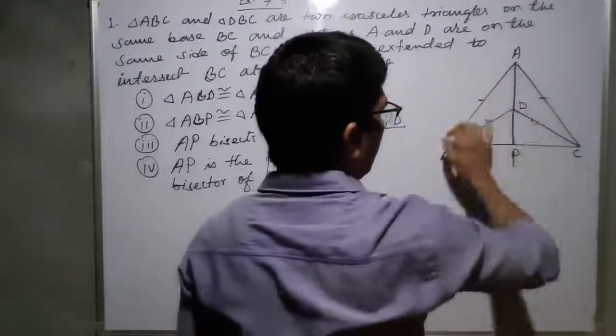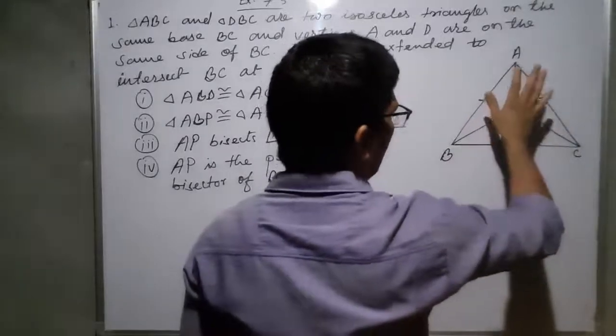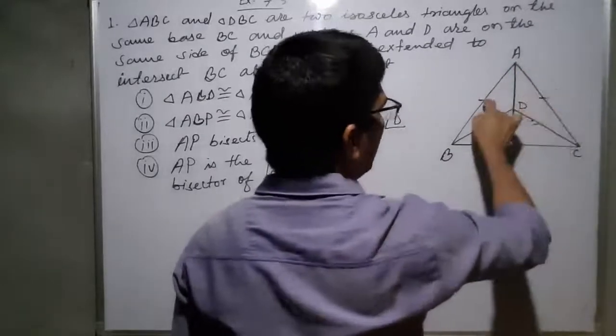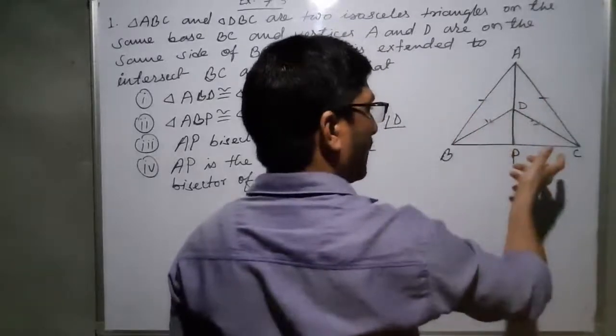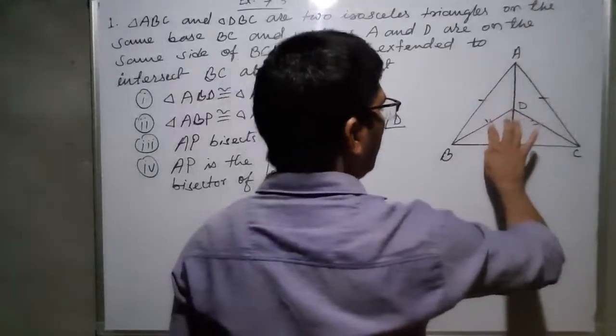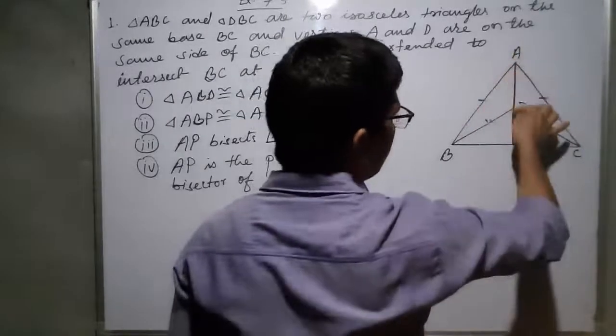Now check. Since ABC and DBC are isosceles, for this triangle and this triangle, AB is equal to AC, sides of isosceles triangle. Similarly, BD equal to DC, sides of isosceles triangle. Now AD is the common side.